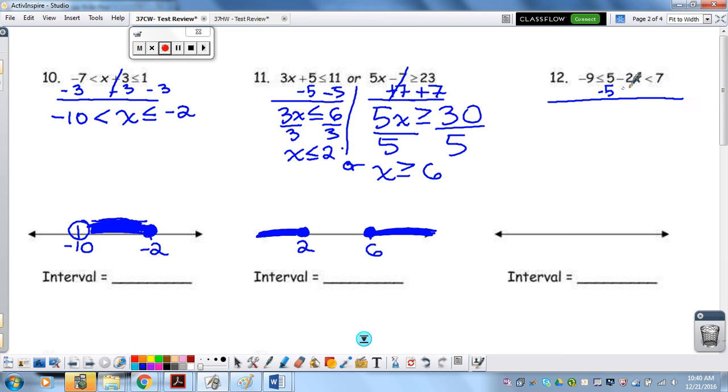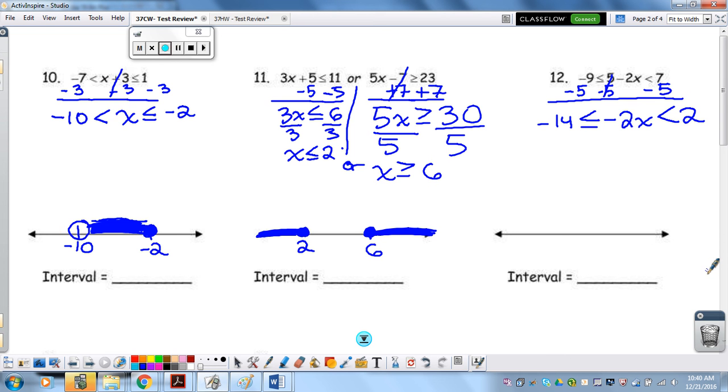What you do to the middle, you do to the left, and you do to the right. That cancels. So negative 9 minus 5 is negative 14, which is less than or equal to negative 2x. And then it is less than 2.